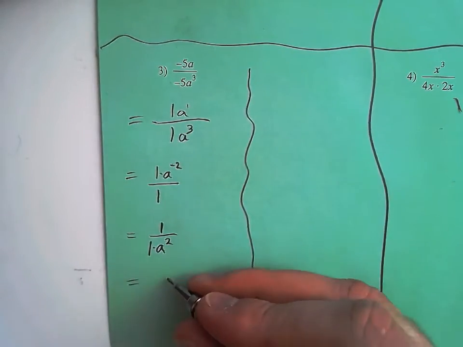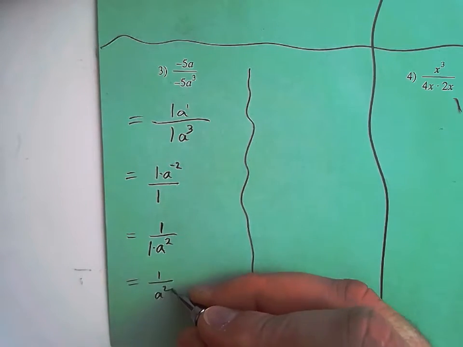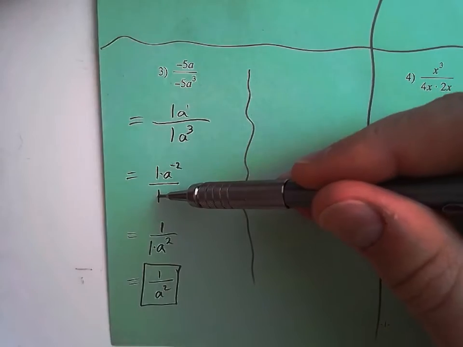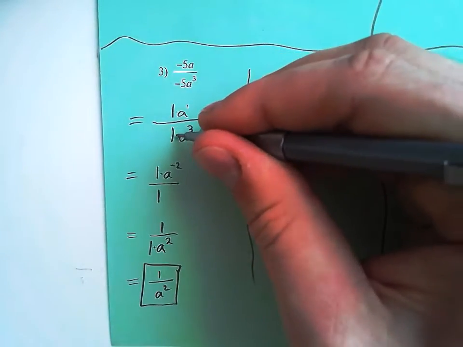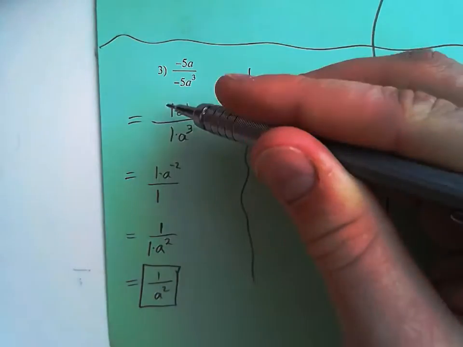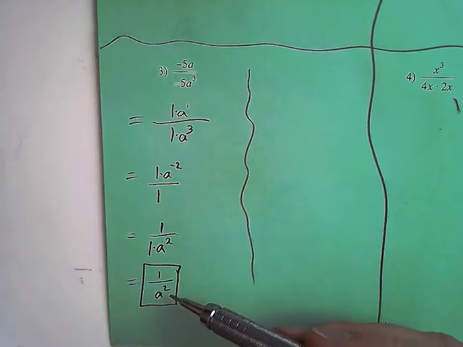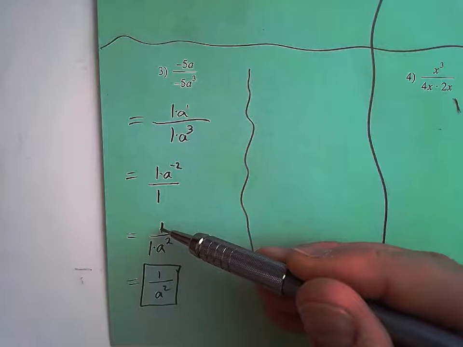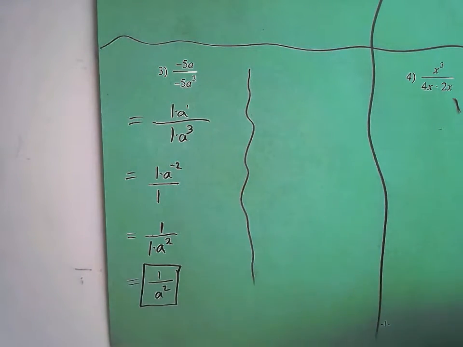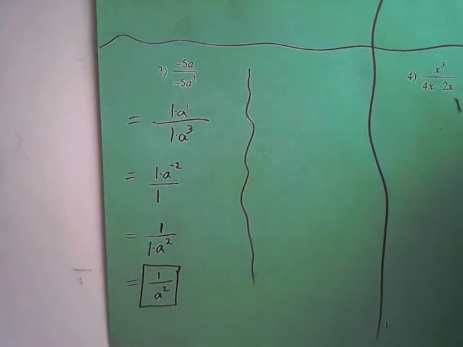So 1 over a squared. I was writing these extra 1s everywhere just to keep it as a fraction and see how this is going on. Because at the end, remember, it's not a squared, it's 1 over a squared. Two different things.